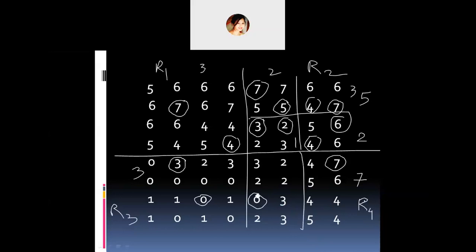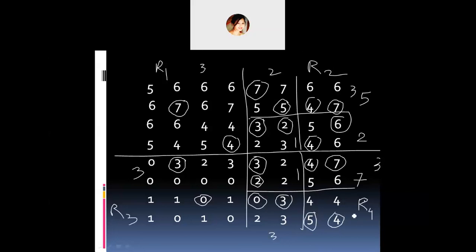So again you have to split it into 4 equal parts, and see now 3 minus 2 is 1, so yes, satisfied. 7 minus 4 is 3, so this region is also satisfying the condition. Then 3 minus 0 is 3, yes, satisfying.